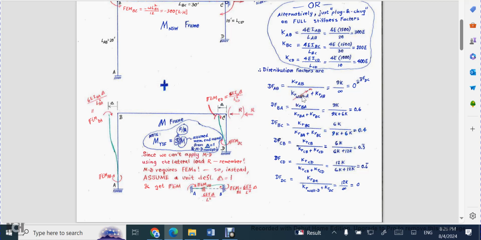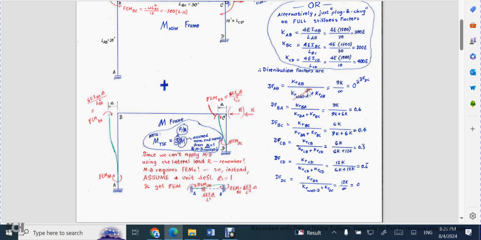The one complication you may or may not know about is when you start at the bottom, you do have this fixed location at A. When you're computing the distribution factor there, it's going to be the KR AB over the KR going from this fixed location, I'm just calling it a wall, out to A, and then going from A to B. Going from the wall, it would require an infinite amount of moment to cause a rotation.